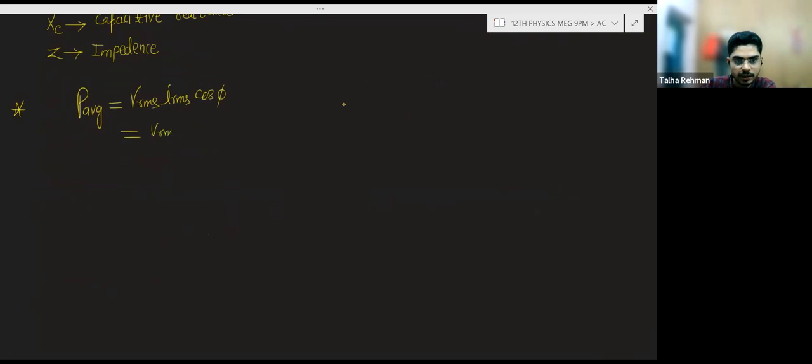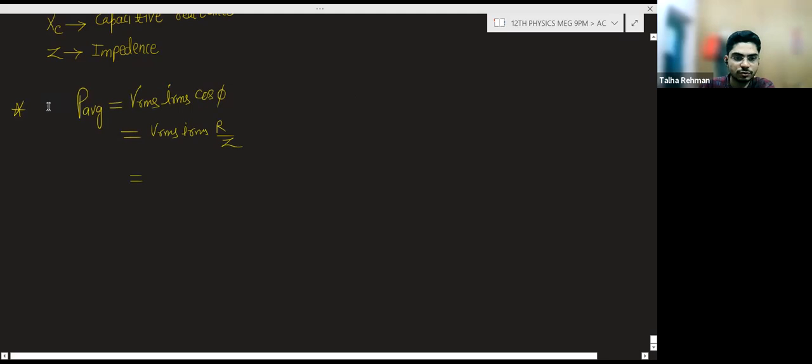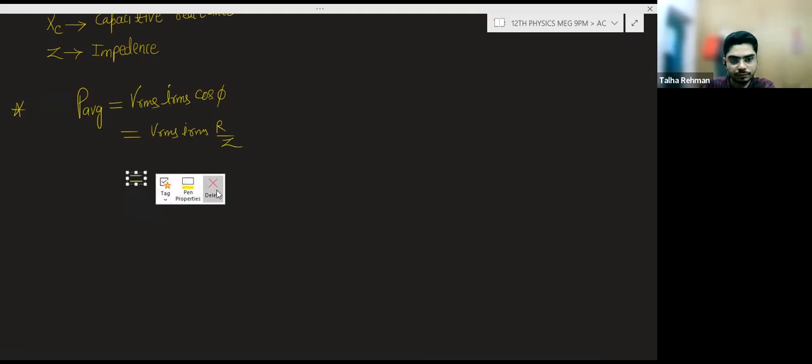Cos phi is equal to R by Z. Okay, so we know that in a circuit, the peak current is equal to the peak voltage divided by the resistance.